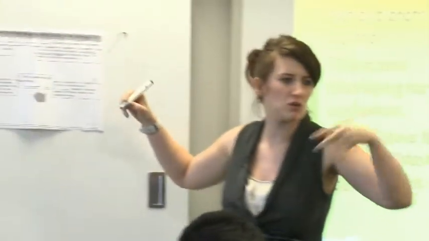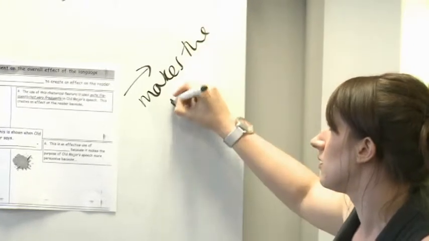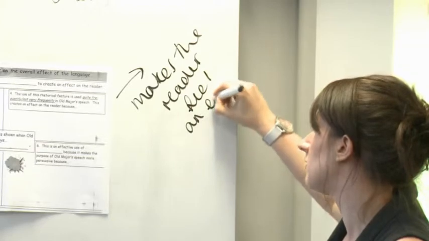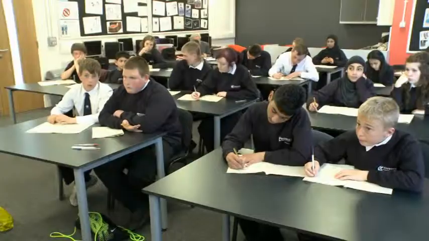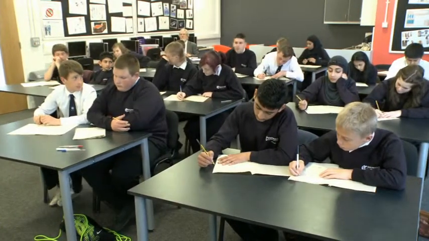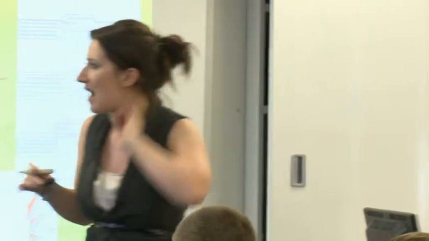So that's what we need to say then, isn't it? The fact that it's used lots makes the reader feel an emotion. But also, it makes them agree with what Old Major is saying, yeah? We agree with him.